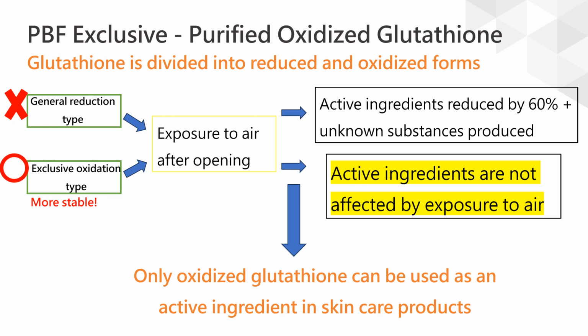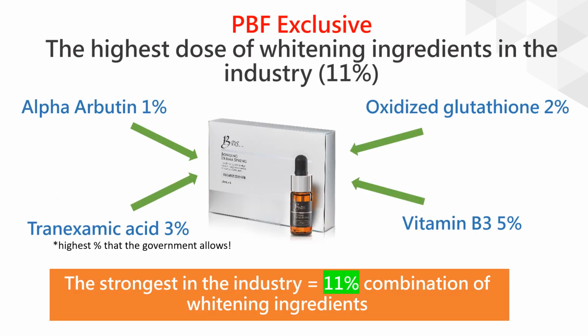So in summary, PBF exclusively uses only purified oxidized glutathione, which can be used as an active ingredient in skincare products for a much better result than the general reduced type. So we are proud to say that our PBF glutathione essence offers the highest and strongest dose in the Taiwan industry in whitening ingredients.